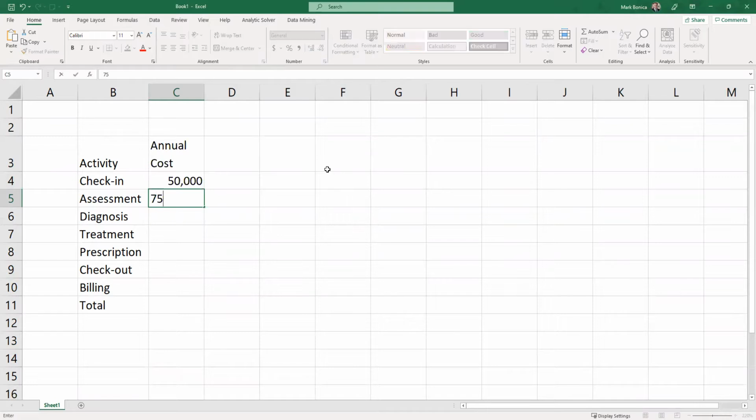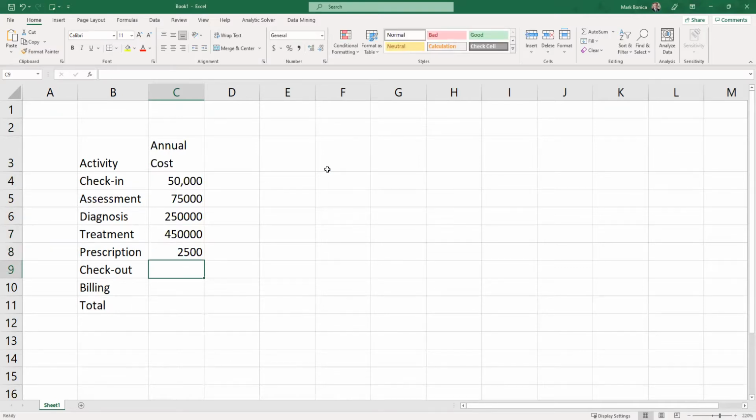Then you're going to estimate, all right, spend about $75,000 on assessments, $250,000 on diagnosis, $450,000 on treatment, $2,500 on writing prescriptions or processing prescriptions, $50,000 on checking out, and then $150,000 on billing.